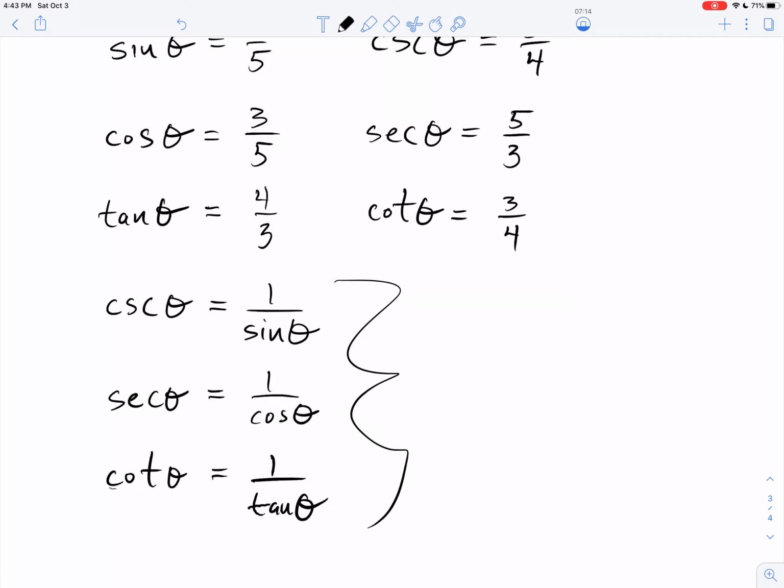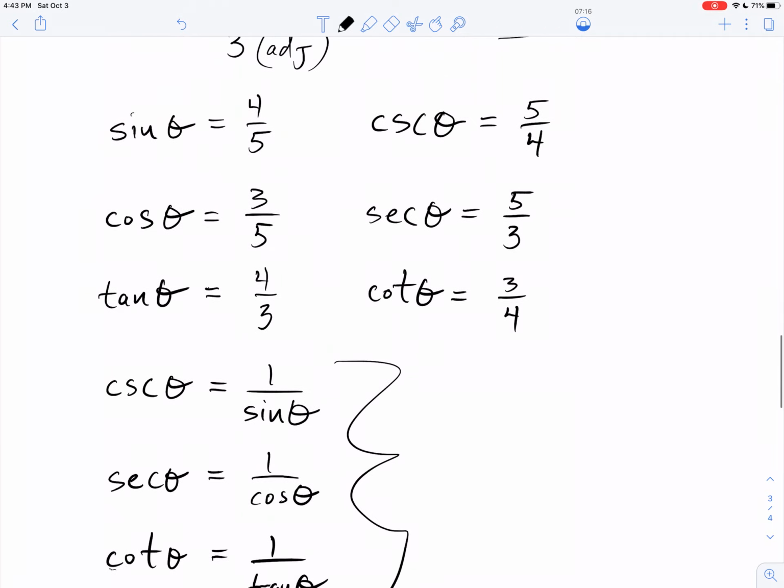Now, the thing is you said, well, look at your work. For sine of theta, you didn't do 1 over that. Well, what does it mean to take the reciprocal? It means 1 over it, but here's the shortcut mentally. If I multiplied the bottom of this fraction by 5 and the top of this fraction by 5, I'm not really changing it.